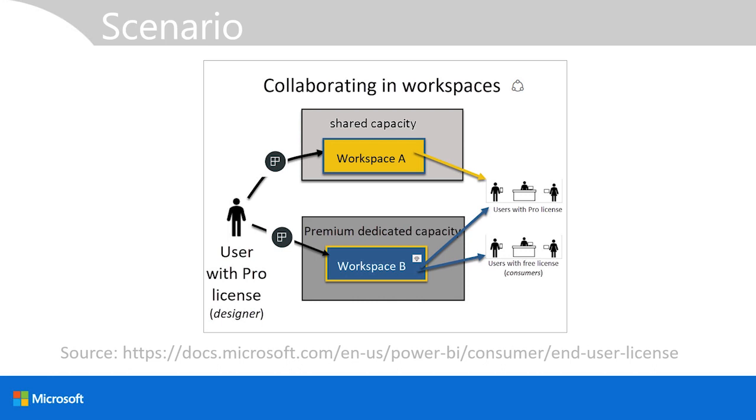If you publish into Workspace A, which is in shared capacity, you can share that work with users that have a Pro license. Free users will not be able to access that work. If you're a user with a Pro license and you publish your work into Workspace B, which is in Premium dedicated capacity, you can then share that work with users that have Pro licenses or users that have the free license.